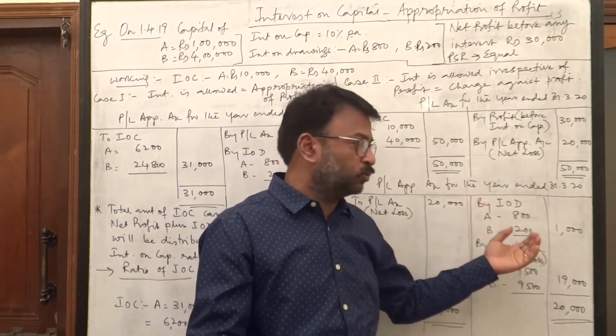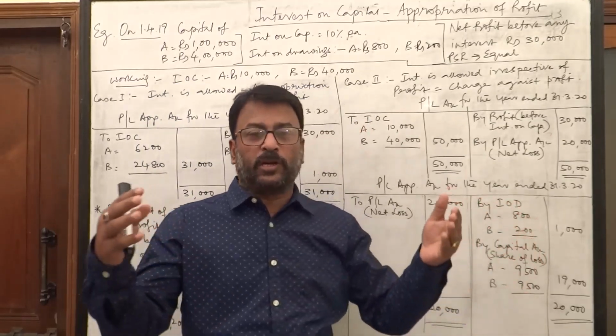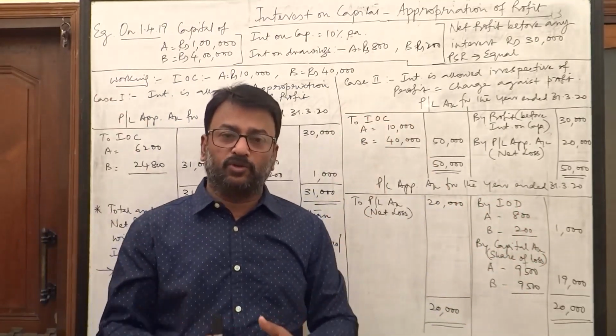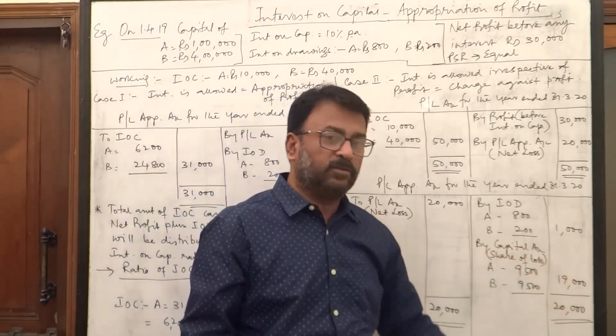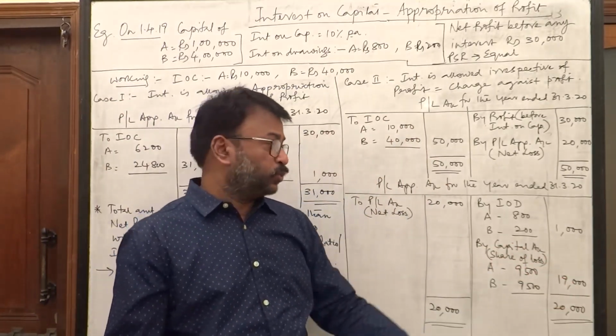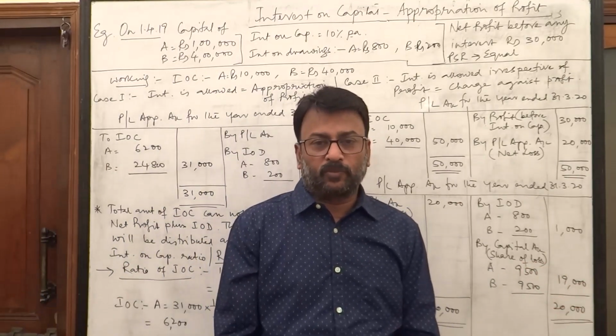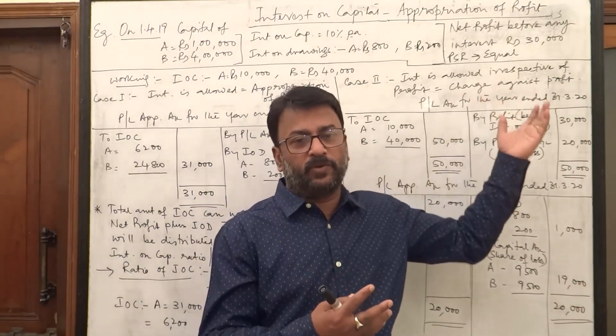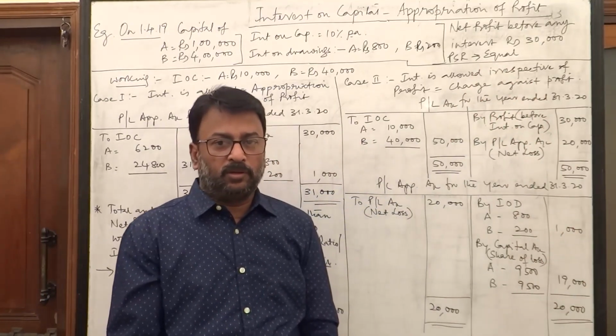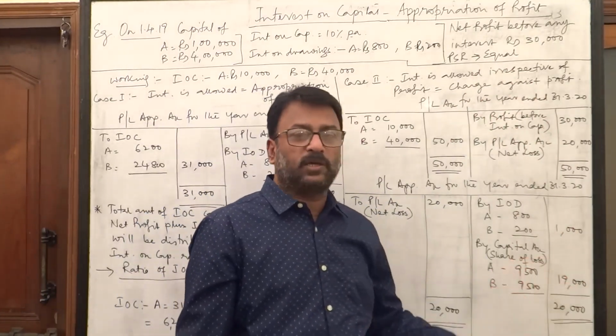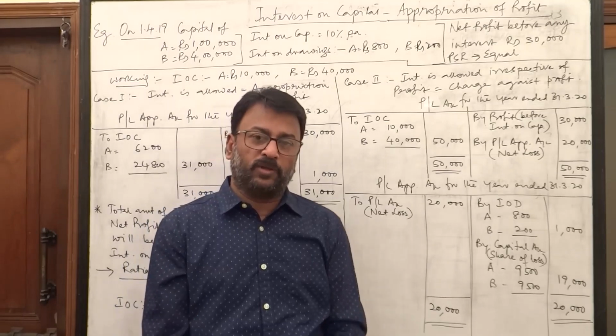IOD is given in the question, 800 and 200, so naturally their net loss is reduced by 1,000 and it is now 19,000. And in which way will this 19,000 be distributed? In their PSR. And what is their PSR? It is given equal. So 19,000 is distributed as 9,500 and 9,500 rupees.